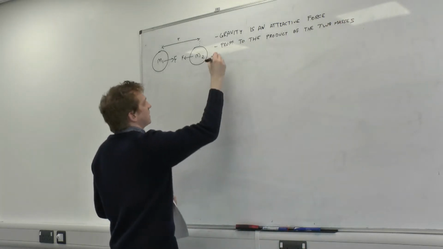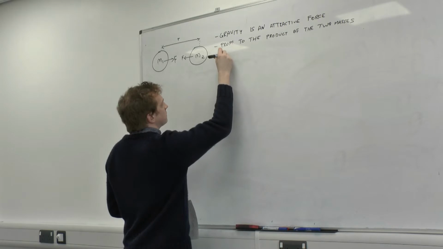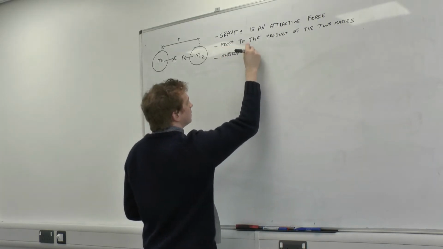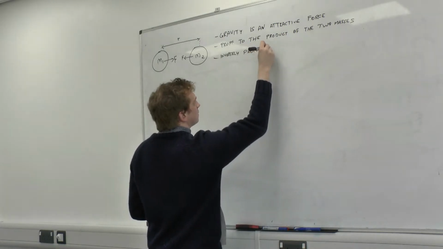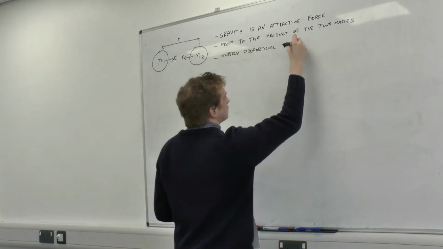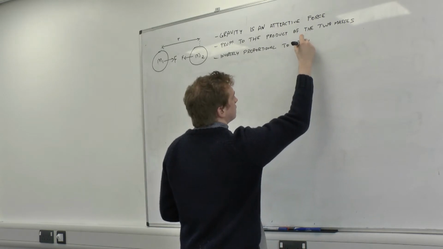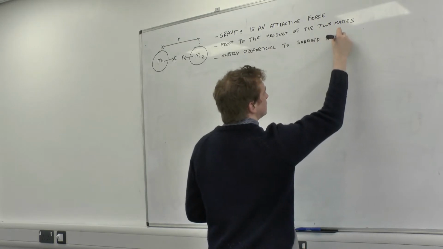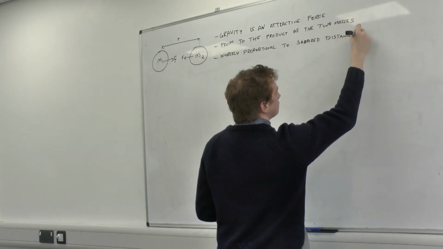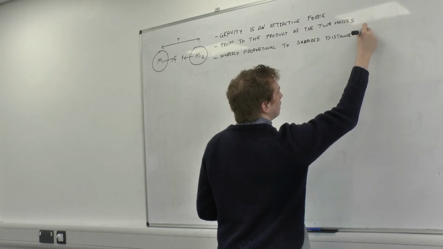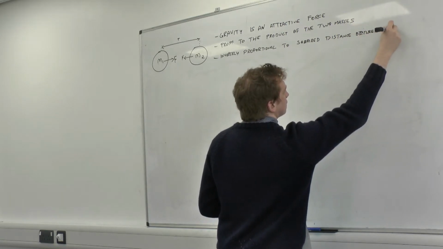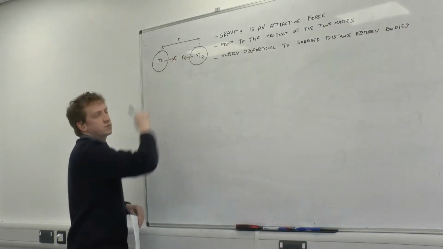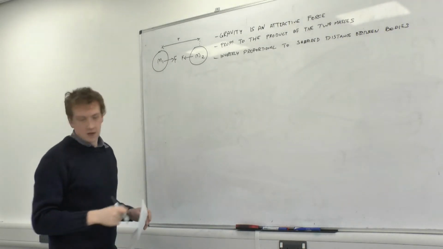And the final point we have to make is that it's inversely proportional to the squared distance between the bodies. Okay. And an important point being that it's the distance squared between the centre of the two bodies.